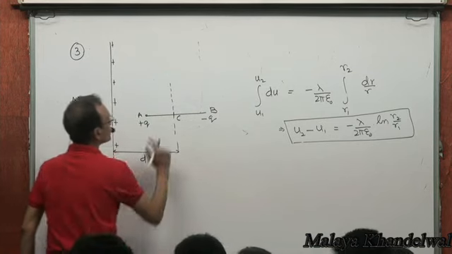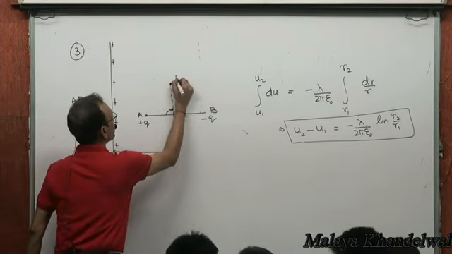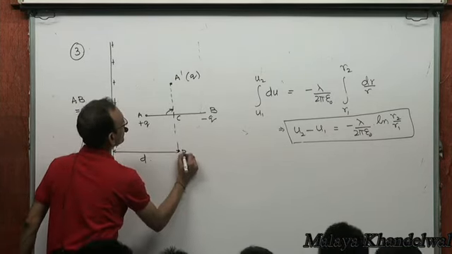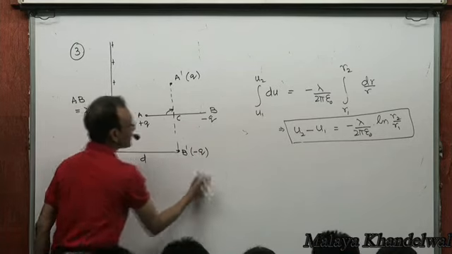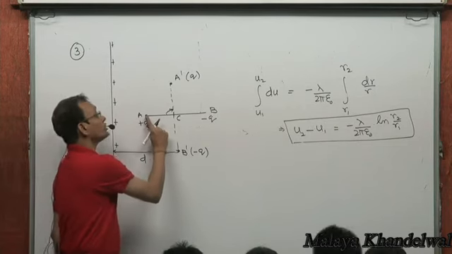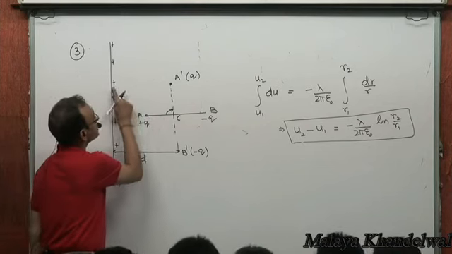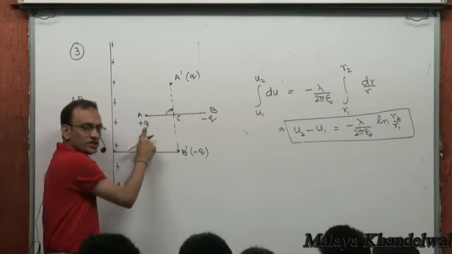So this is rotated by 90 degrees. A comes to this point, A prime, and B comes to this point, B prime, with charge minus Q. So the distance of A, R1, and the distance of A, R2 has changed, so the potential energy of this charge has changed.